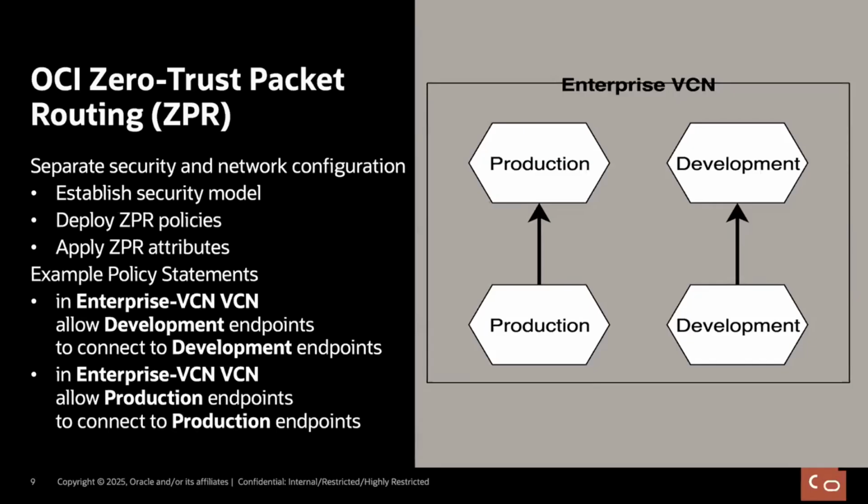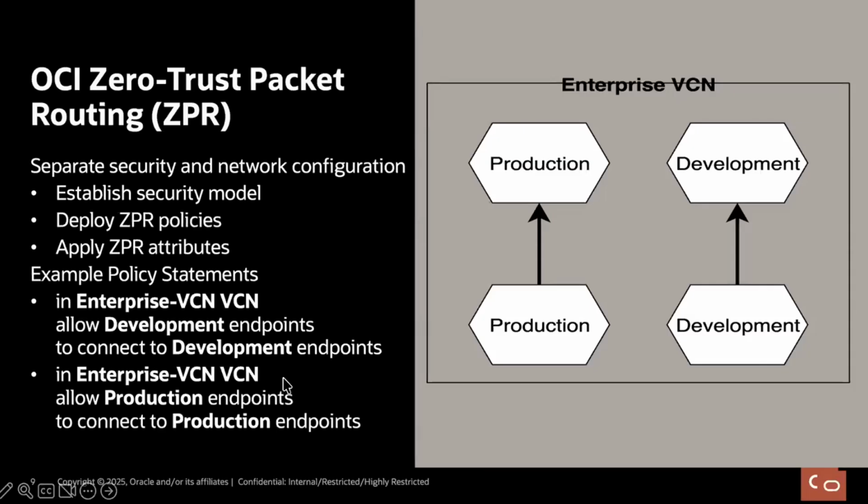Zero trust packet routing extends the OCI trust-nothing-by-default model and gives you a simplified declarative model for establishing that security. Basically, you set up a security model, you deploy your policies, and you apply attributes to specific devices.